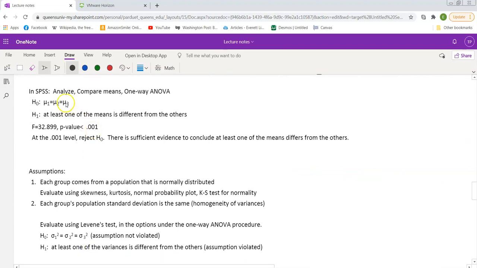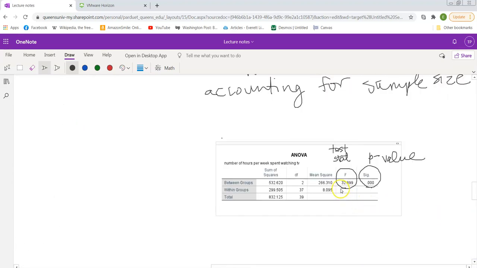So when we look at our results, our null hypothesis, because we've got three groups, is mu1 equals mu2 equals mu3. Our alternative hypothesis is that at least one of the means differs from the others. From this SPSS output, we got our F as 32.899 for a test statistic, our p-value is showing up as 0.000, but if you remember, we don't actually write p-values as 0.000.